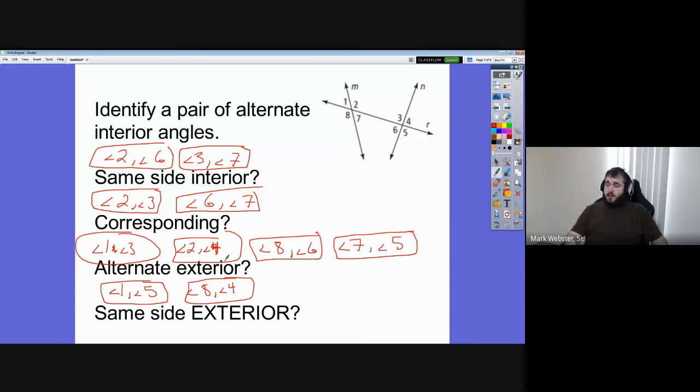Now, this last one wasn't on the previous slide, but I want to talk about it anyway. Same side exterior. These we're talking about, they're on the same side and they're on the exterior. So like angle 1 and angle 4. Or 8 and 5.